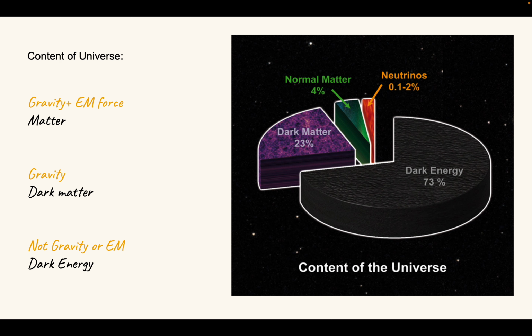There is another type of content in the universe, dark energy, which is not sensitive to gravity or the electromagnetic force. But in the universe, dark energy is the highest: about 73% of the content is dark energy, about 23% is dark matter, and the rest, about 4%, is made up of normal matter and neutrinos, which have mass.